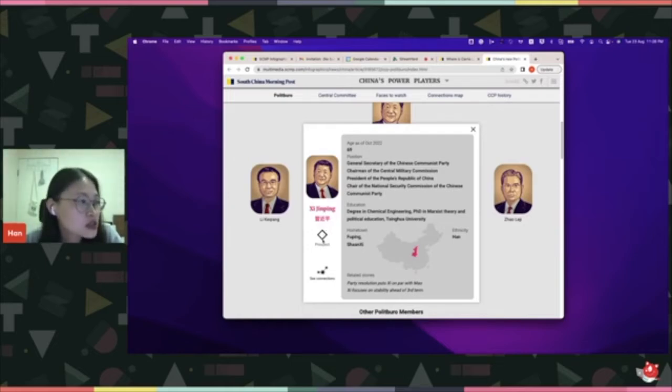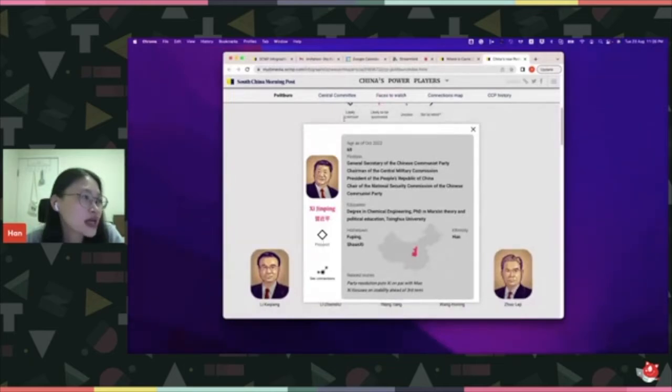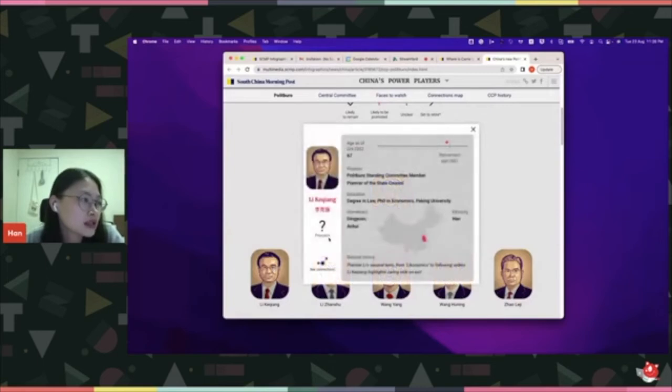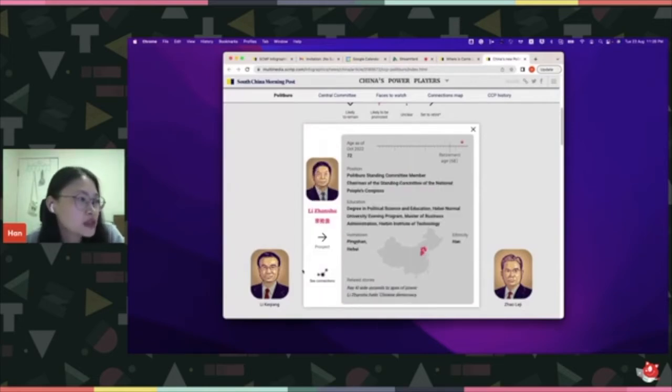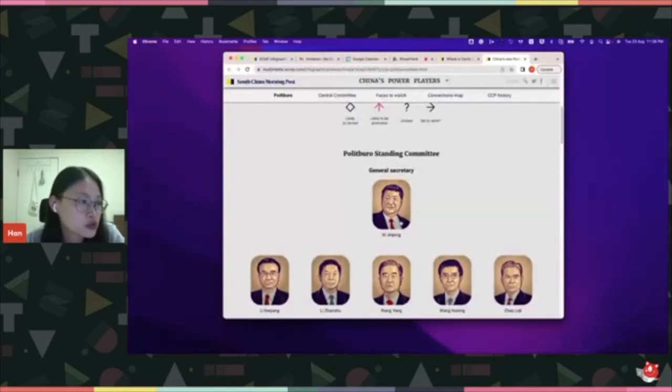For President Xi, the square means he's likely to stay in office. If you see Premier Li Keqiang, our reporters are saying we don't know his future. But if you see Li Zhanshu, he will probably leave office. So this is just a very simple data bank we created for all the top officials.